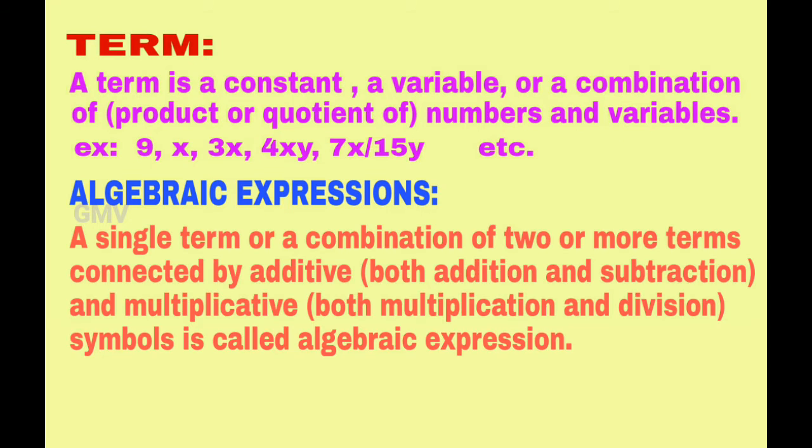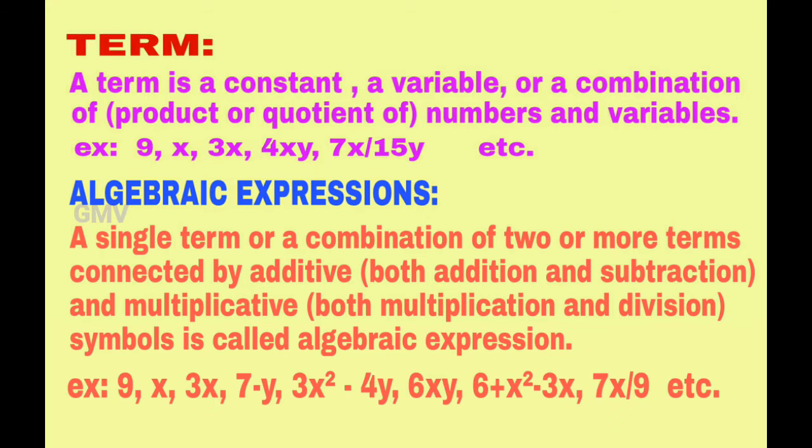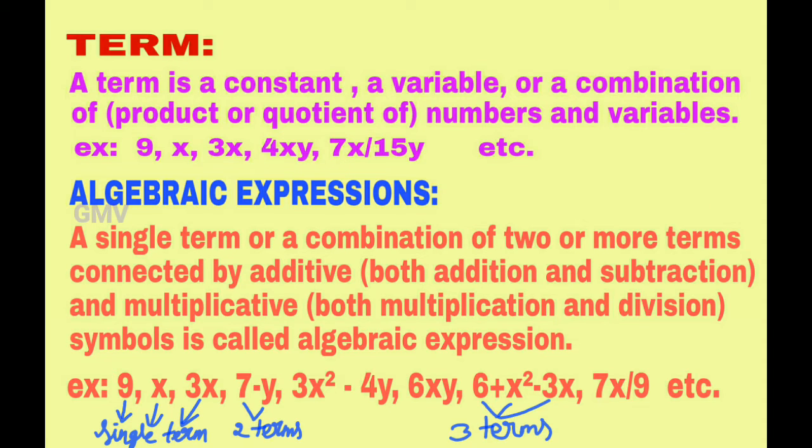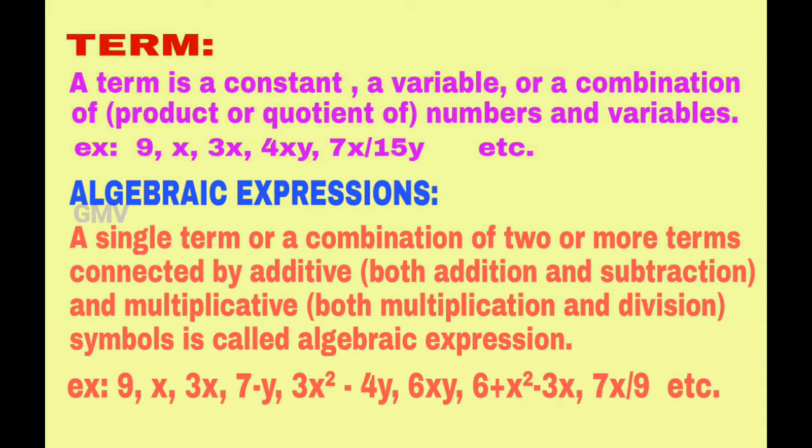A single term or a combination of two or more terms connected by additive and multiplicative symbols is called an algebraic expression. For example, 9x, 3x, 7 minus y, 3x minus 4y, 6xy, 6 plus x square minus 3x, 7x by 9, like this. Now let us know about polynomials.